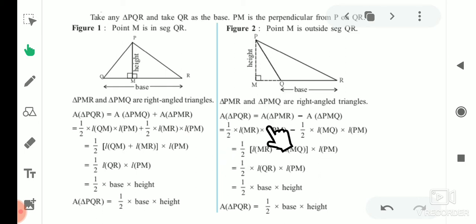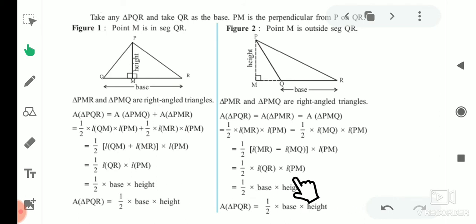Area of this complete triangle is half into MR into PM minus area of this, half into MQ into PM. If we take PM common, so half into MR minus MQ into PM. MR minus MQ will give QR, that is the base. Half into QR into PM, that is half into base into height.